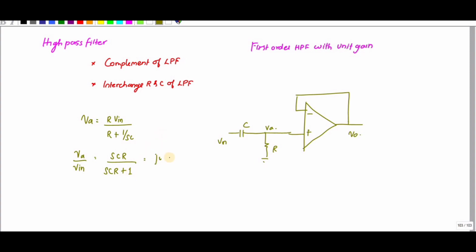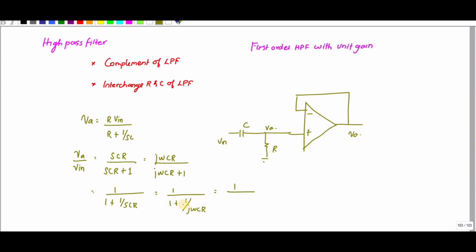I can write S as J omega, so J omega CR. If I divide the whole term by SCR, I will get 1 divided by 1 plus 1 divided by SCR. So this I can write as 1 divided by 1 plus 1 divided by J omega CR.